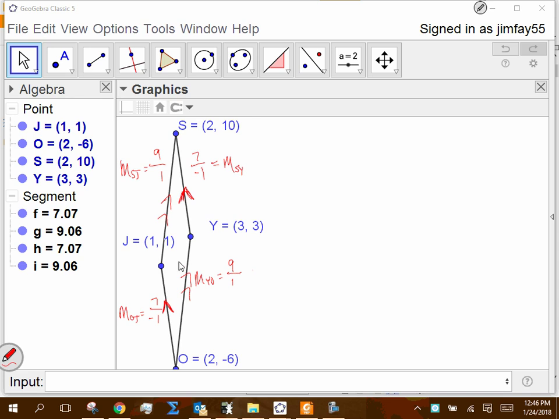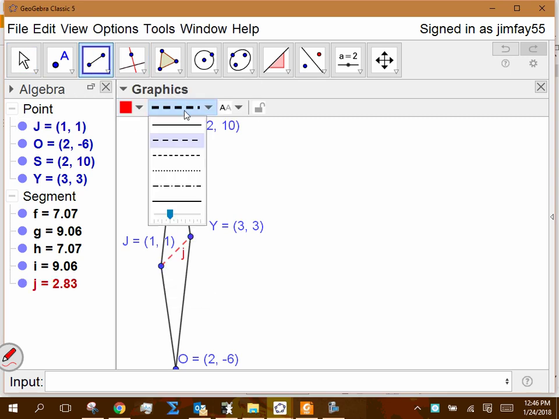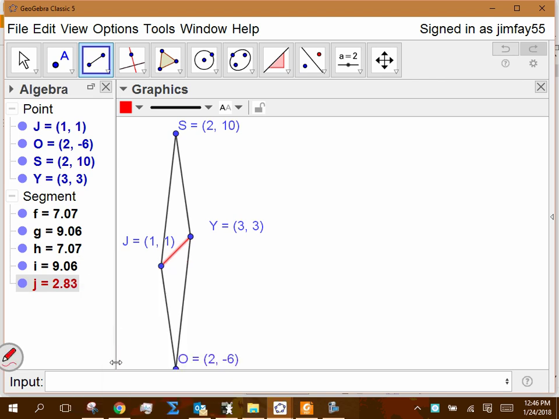We should be able to come up with the same exact argument that this thing is a parallelogram by looking at something else. And I want to look at the midpoints of the diagonals. So I'm going to draw my diagonal in here. I'm just going to look at JY. I'm interested in whether the other diagonal from S to O is going to bisect that.